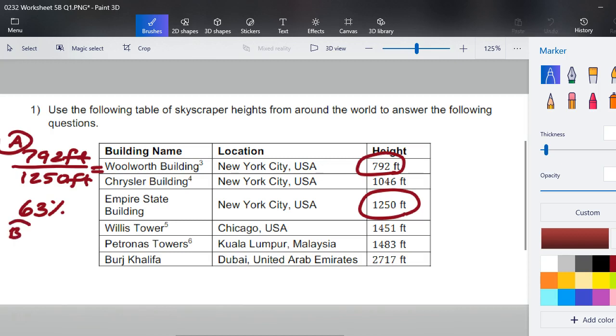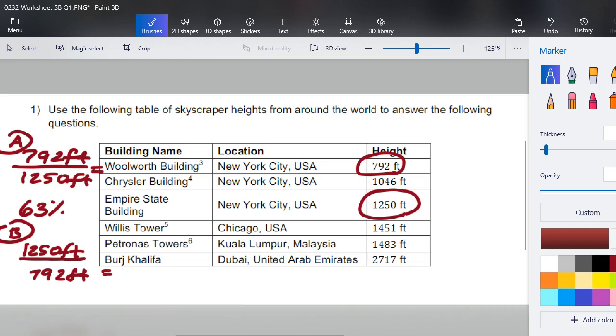Moving on to part B, it says, write the height of the Empire State Building as a percentage of the height of the Woolworth Building. So now the Woolworth Building is our reference value, and we're going to write the Empire State Building in terms of, in reference to, in comparison to the Woolworth Building.